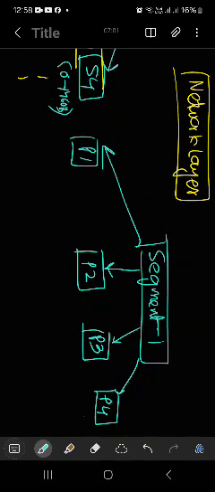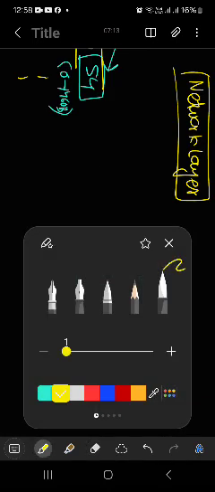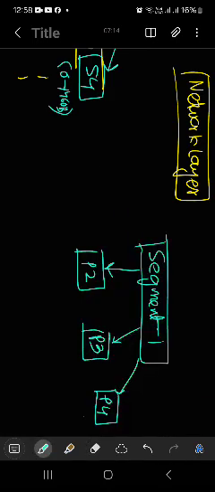Now after dividing the segment into packets, what does it add? It adds the IPv4 header. Okay, wait a second. I'm not going to say that it adds only the IPv4 header, it can add the IPv6 header as well. So I will just say it adds the IP header to each packet.